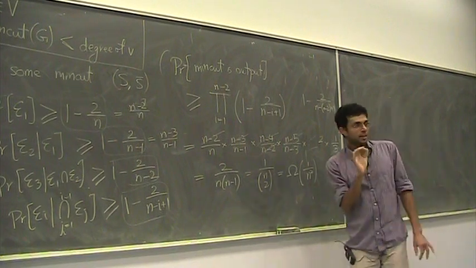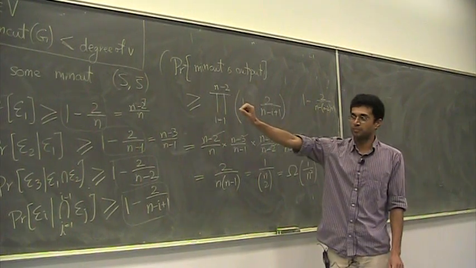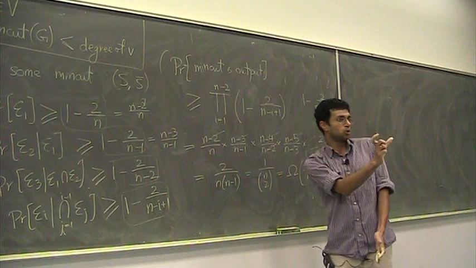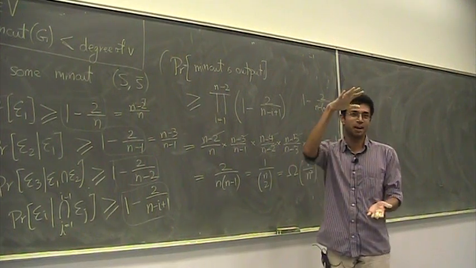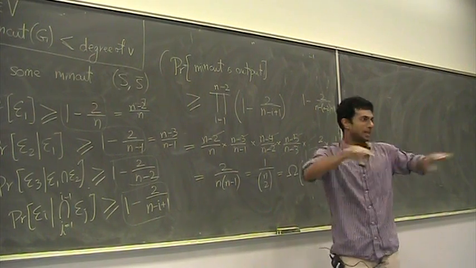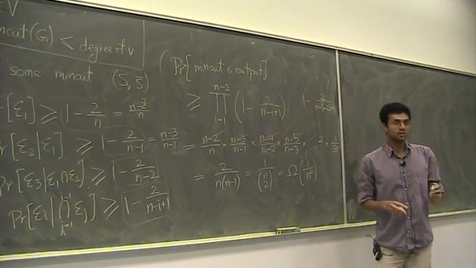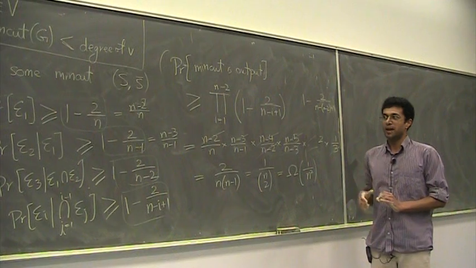But Karger had an even more clever trick. Instead of contracting all the way down to 2, you contract down to 2 graphs with n over root 2 vertices each, and then you repeat independently and recursively on that, and you work it all out, and it's n squared.